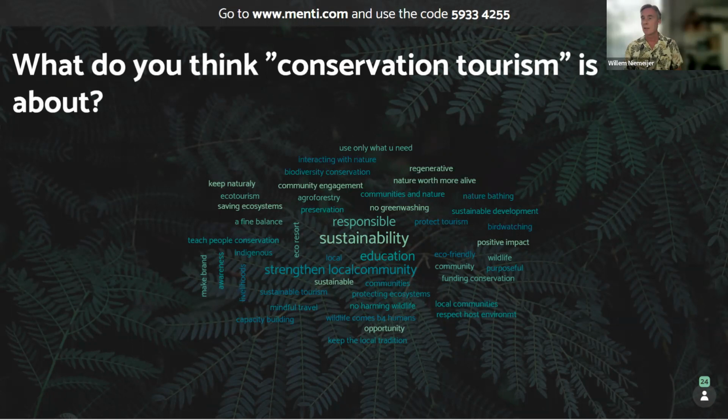And as I mentioned, we were actually quite surprised over the pandemic that there's also a vibrant local market. And we also noticed from Thailand, actually, from our eco lodge, there's a lot of growing interest in conservation from the domestic market as well.